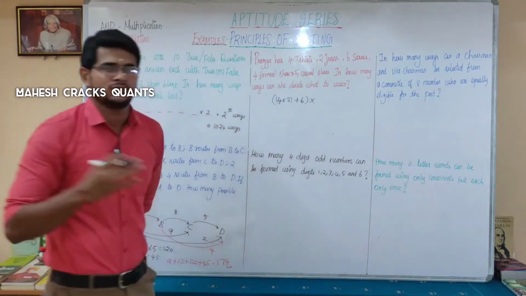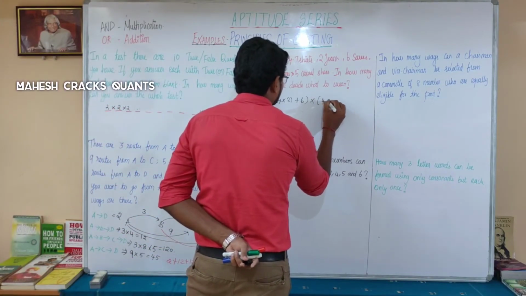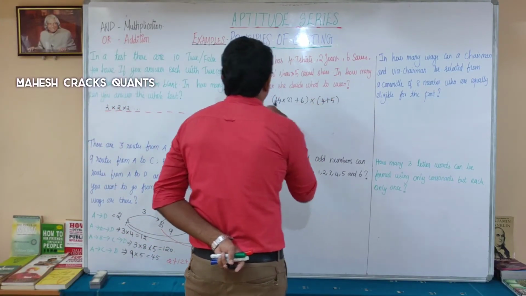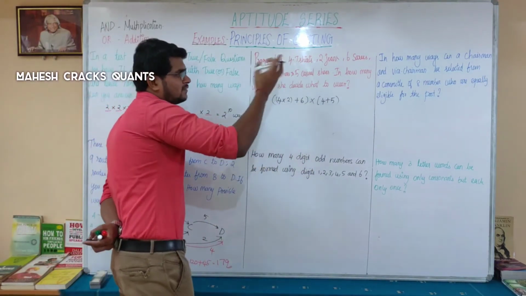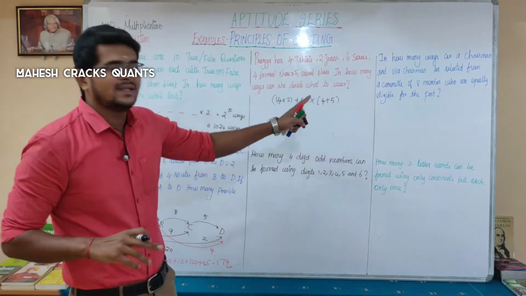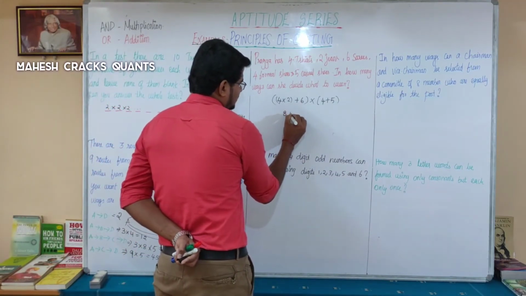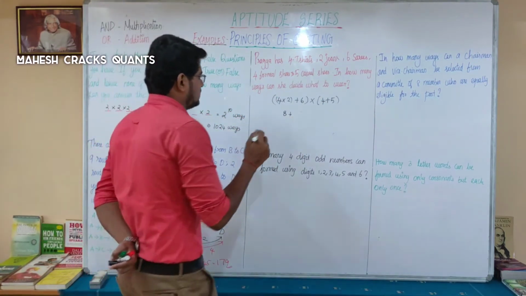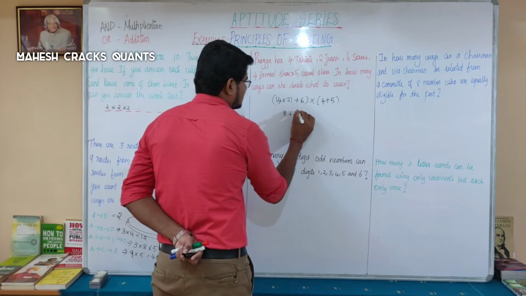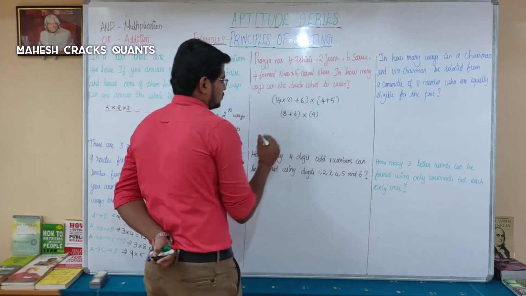And after that she has to wear shoes. What are the choices for shoes? 4 formal shoes or 5 casual shoes, which means 4 pairs and 5 pairs, so totally 9. So multiply: 8 choices if it is jean and t-shirt, and 6 if it is saree, into 9 shoes.